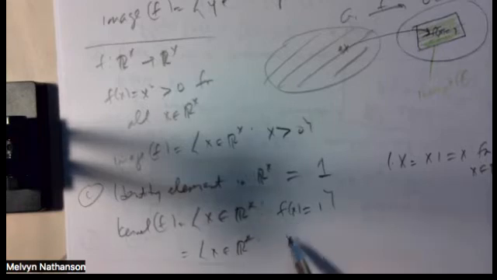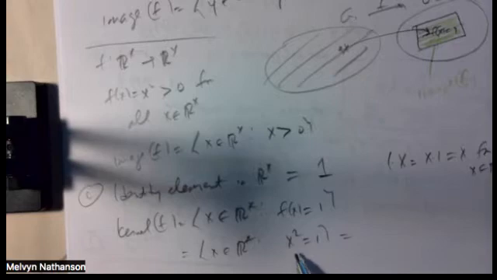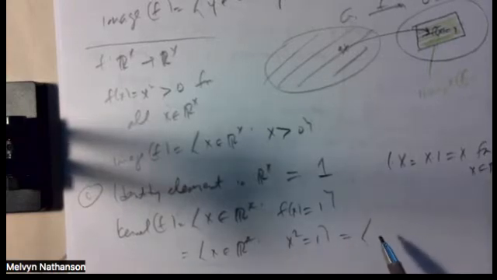That's all x in R star. What is f of x? It's x squared. X squared equals 1. What numbers, when you square them, give you 1? Well, there are just two of them, 1 and minus 1. So the kernel of this homomorphism is just the two numbers, plus 1 and minus 1.